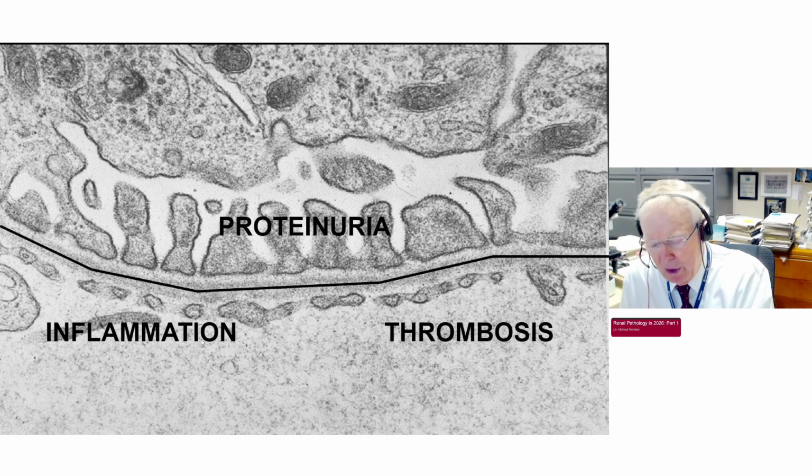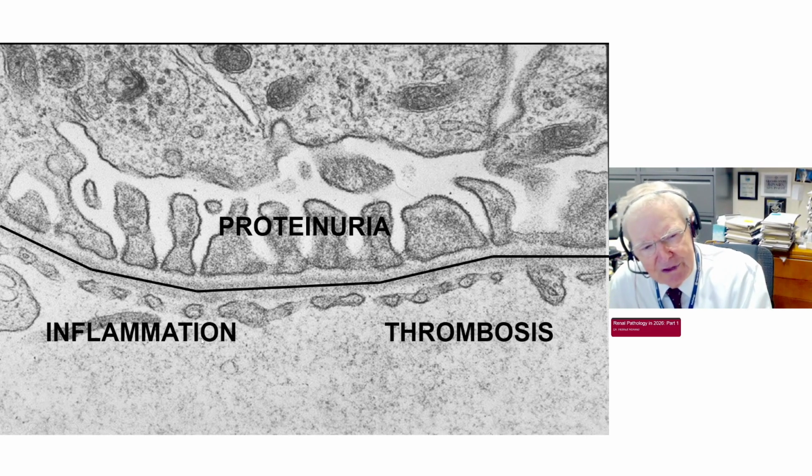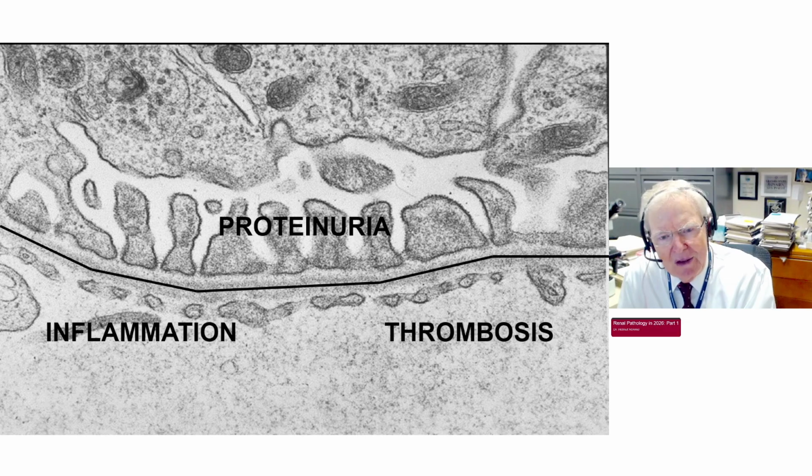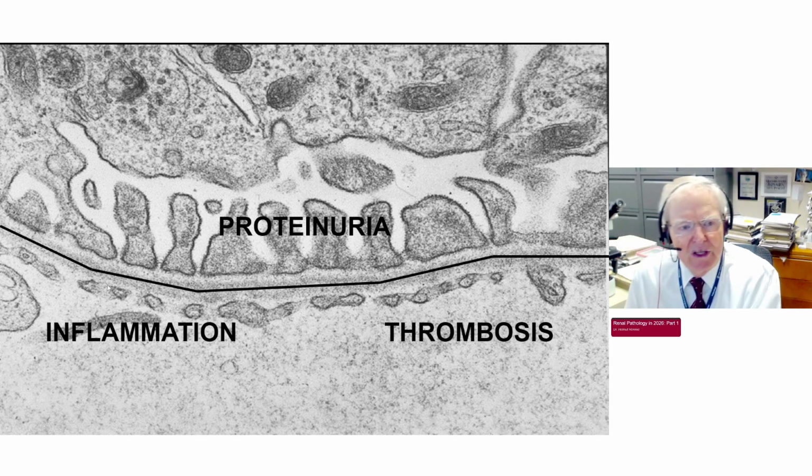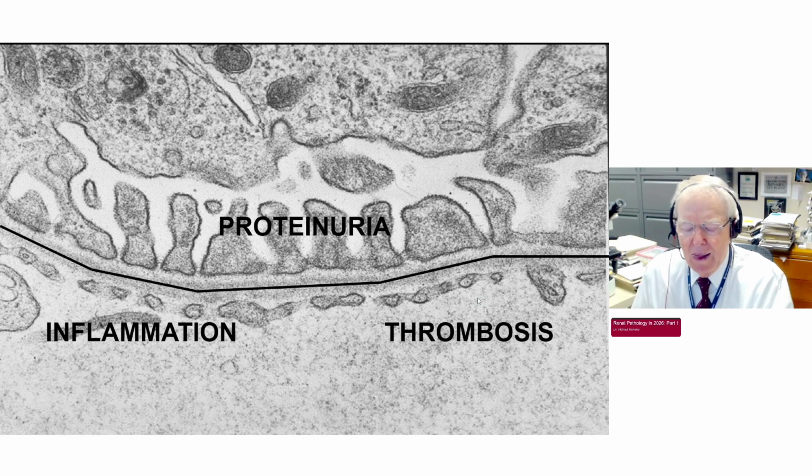The other aspect I wanted to emphasize up front is that inflammation and thrombosis go hand in hand. If you injure the endothelium just a bit, you have inflammation. If the endothelial cell is massively involved and you lose thromboresistance, thrombosis will occur.